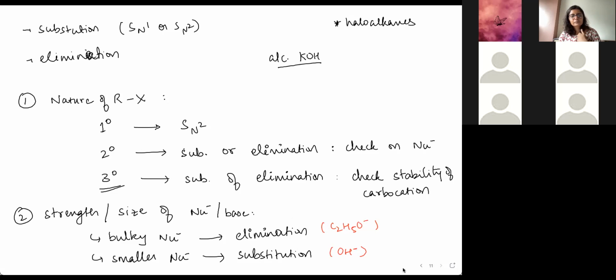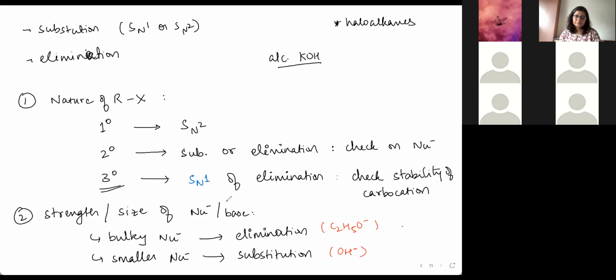Ma'am, if it's tertiary, wouldn't it prefer Sn1? Sn1, yes. If it is undergoing substitution, it's pretty straightforward Sn1. But there's a possibility elimination can also happen. So that's why you also need to consider what nucleophile or base, what reagent you have along with it.